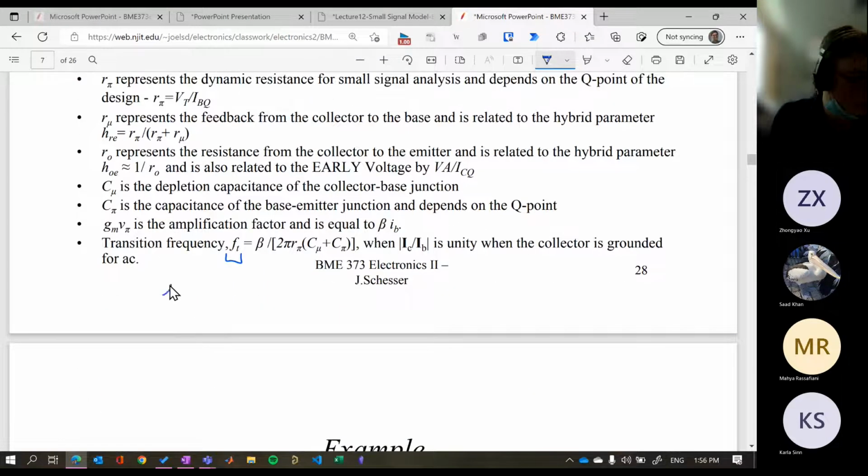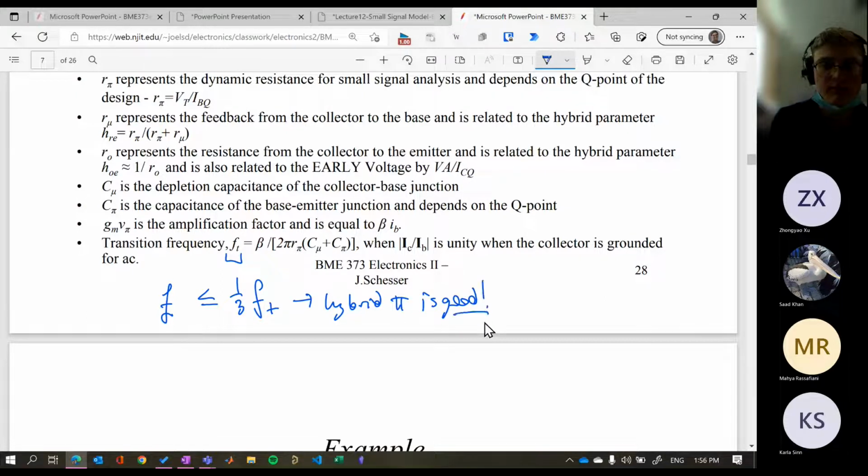So if we have our frequency less than or equal to a third of this transition frequency, then hybrid pi is good, is working. They've quoted it here as beta on 2 pi, R pi, C mu plus C pi.